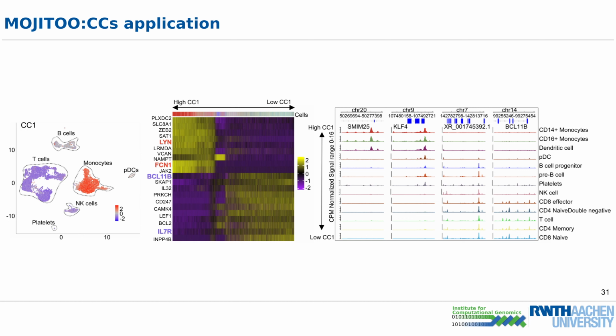The expression of genes with high CC1 values includes monocyte genes, like these 2 genes, while negative CC1 values are associated with T cell genes, like these 2 genes. We also observed that top-ranked peaks with high or low CC1 scores have monocyte or T cell specific open chromatin.